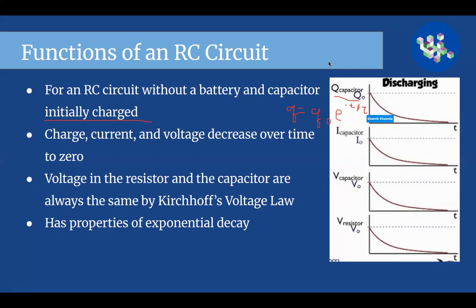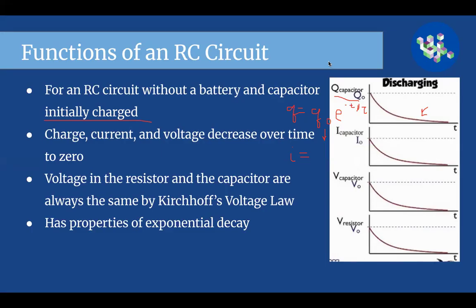As you can see, you get this function, which is a decay function. And using I equals dq over dt, we can take the derivative of this equation with respect to time, and you will get another decay function.